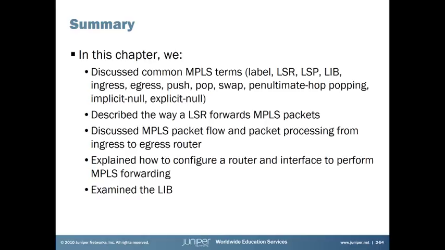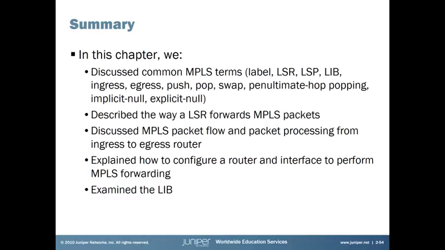We looked at the fact that it's usually the penultimate router that pops the label, that the implicit null is the value that tells the penultimate router to pop the label, and that it's the explicit null which signals that the egress router should pop the label.